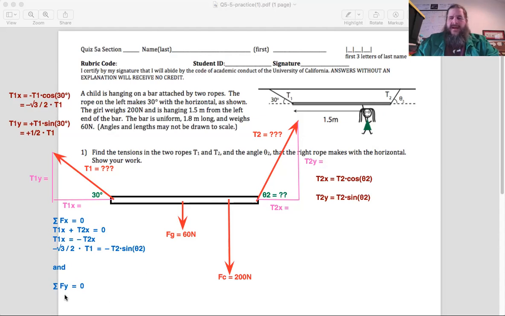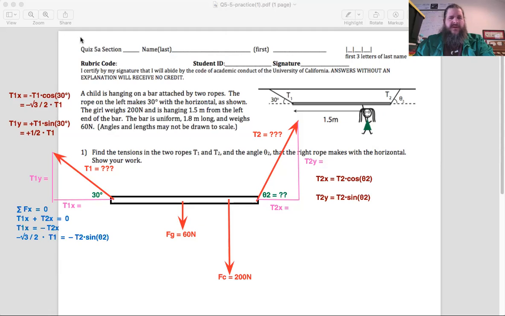Meanwhile, if we also look at the y components, what forces have y components here? All of them? Yeah, so for the y component equation, we'll need to include all 4 of them. Let me put that separately. So the x components add up to 0. Separately, we can also say the y components add up to 0. So we have T1y plus T2y plus Fgy plus Fcy adds up to 0.